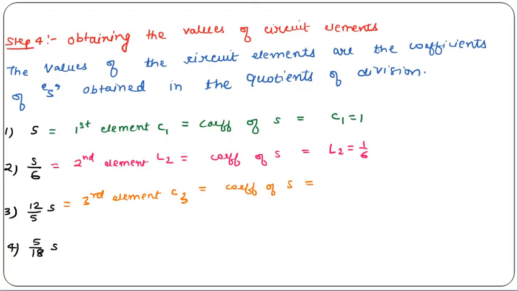So the value of C3 is 12 by 5. Then the fourth element will be an inductor, L4, and the value of L4 is given by the coefficient of s, which is 5 by 18.